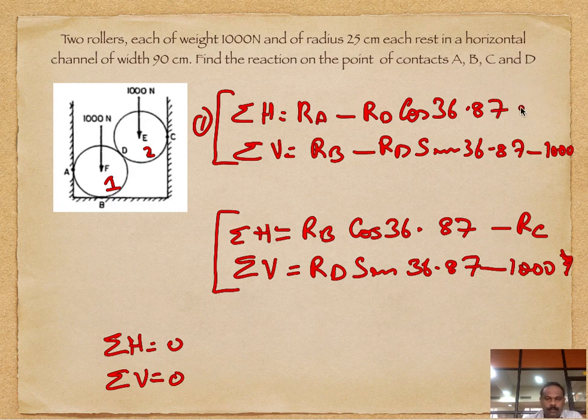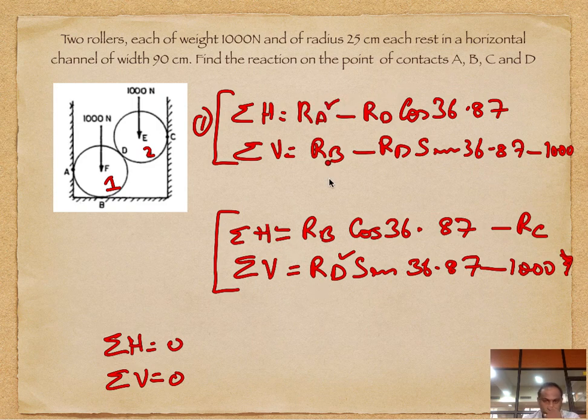What we need to see is which equation can be easily solved. I think this one we can solve, as it has only one unknown to find, RD. We search for the equation which has only one term to solve. So that is the first equation. We'll find RD, put that RD into the next one and find RA.